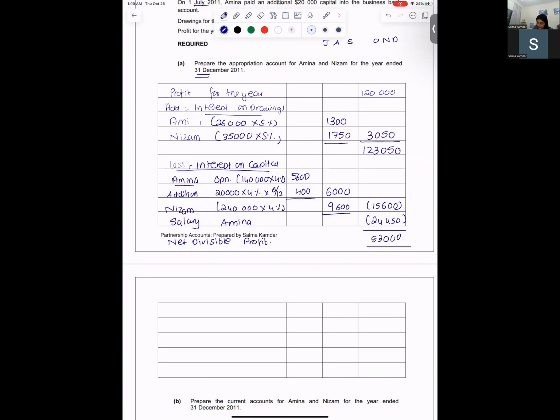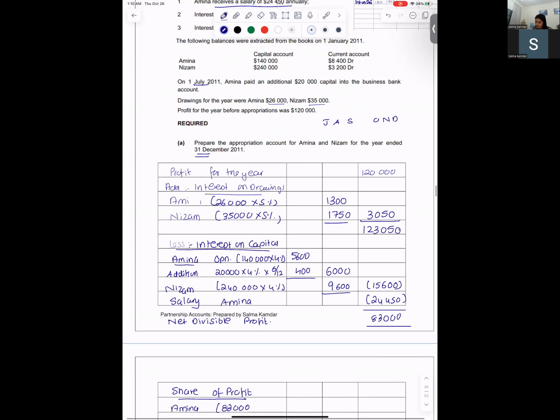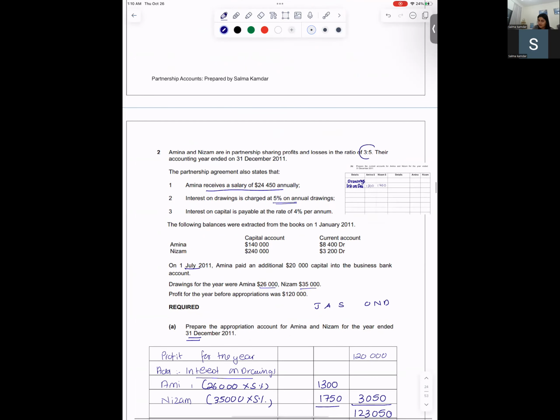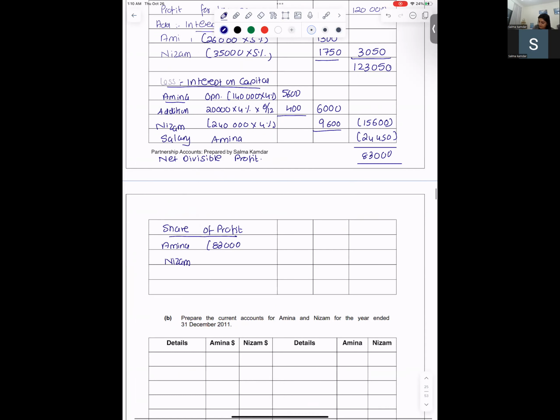This same profit I'm going to share between Amina and Nizam. So I will write share of profit, underline, and write Amina and Nizam. 83,000 would be split in the ratio of 3:5, so 83,000 into 3/8 and 83,000 into 5/8.